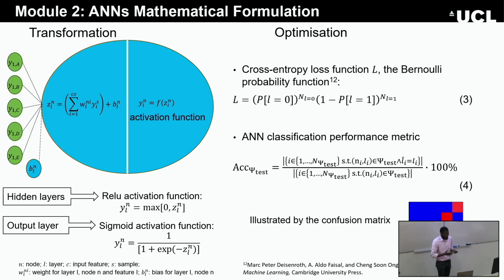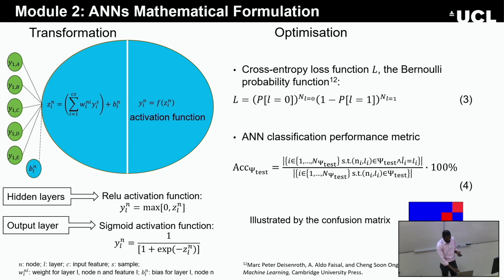And in the optimization, we have used the Bernoulli probability function, combining different cases and how they are split between the correct data and the not correct data.